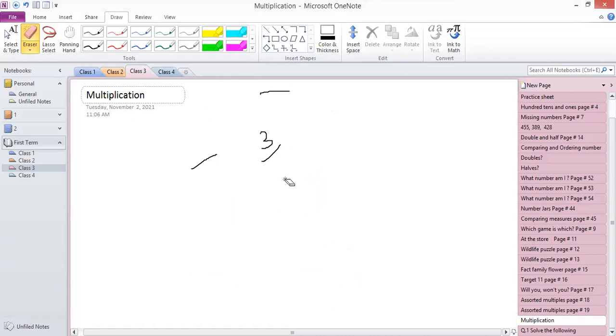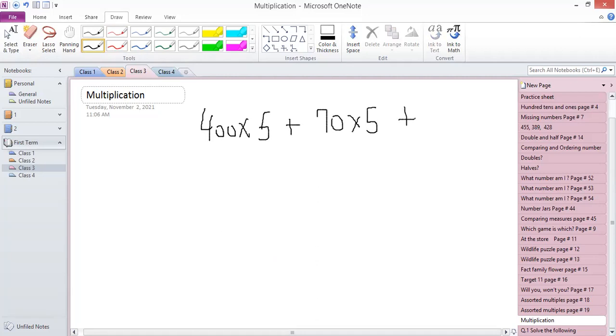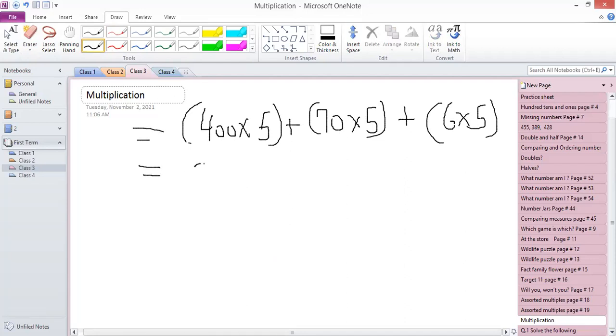by the partition method also. 476 means 400 multiplied by 5, plus 70 multiplied by 5, plus 6 multiplied by 5, right? 400 multiplied by 5 equals what? 5 by 4 is 20, and in 20 you will add these two zeros.